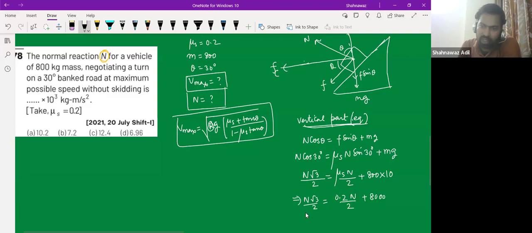Now, we have to know whether to take g equal to 9.8 or 10.